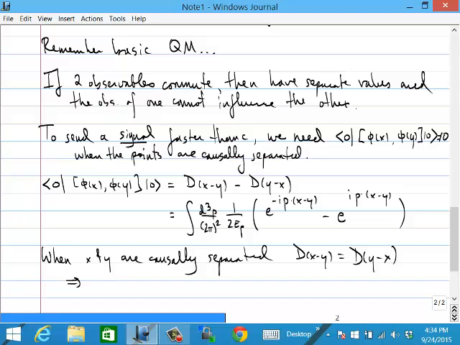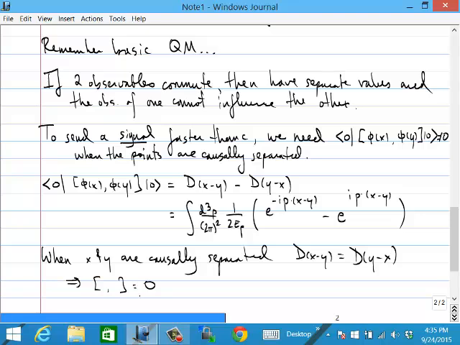By causally separated, I mean that the two points are not in causal contact. So spatially separated, but at equal times, for example. Acausally related might also be the language that sometimes people would use. So the commutator is equal to 0.